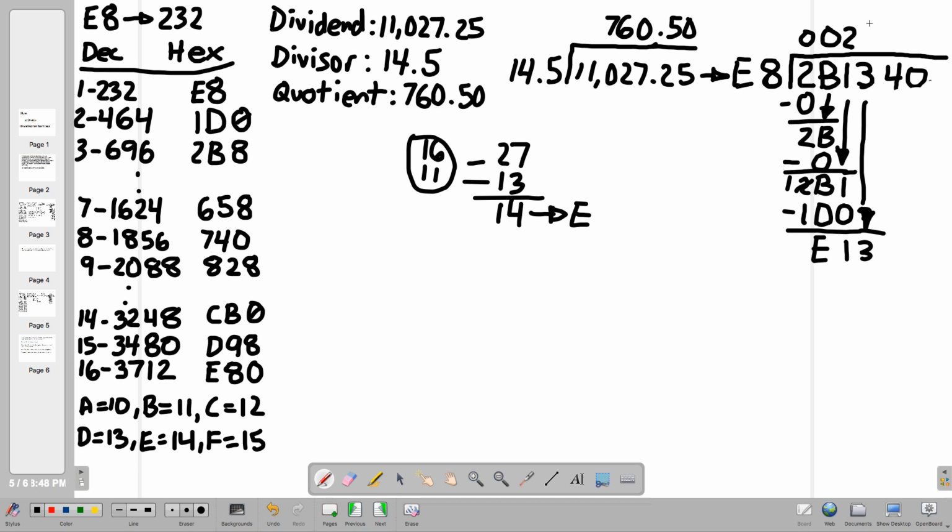So we say that it goes in 15 times, but that's represented as F. And F times E8 is D98. And then we subtract. So we have 3 subtract 8. Again, that's going to produce a negative number, so I'm going to borrow.